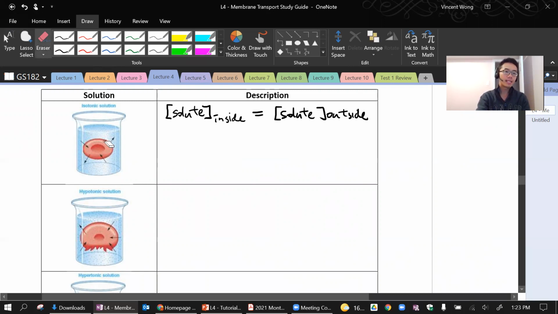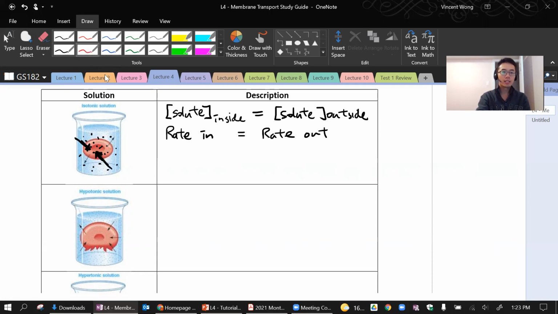You can't really see the picture too well here, but you would have the same amount of dots distributed on the inside and outside. If it's 70% solute on the inside, it would be 70% solute on the outside. So what does that mean? It means the rate of water moving into the cell is going to equal the rate of water moving out.